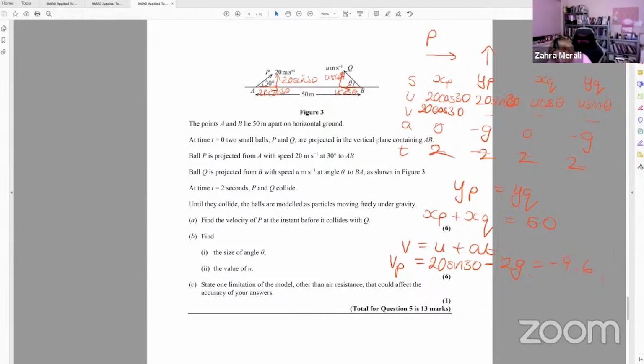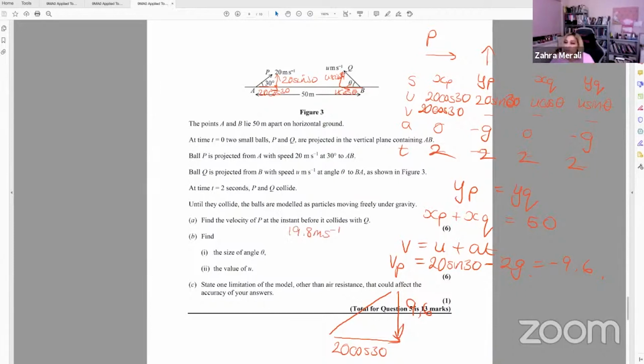So horizontally, we've got 20 cos 30. Vertically, it's going down, we've got 9.6. So our velocity is effectively the speed: we square and square root. 20 cos 30 squared plus 9.6 squared, square root, gives 19.8 meters per second.